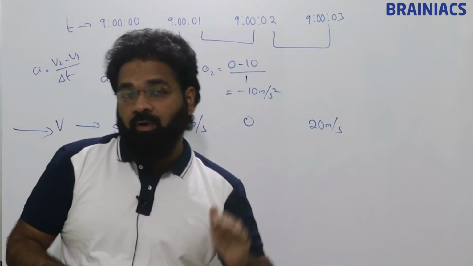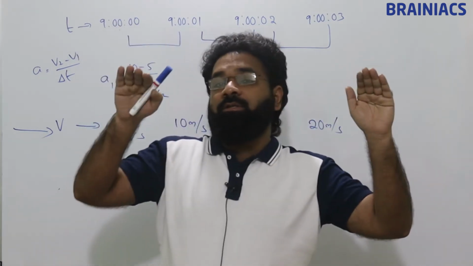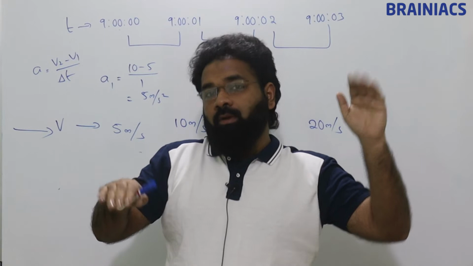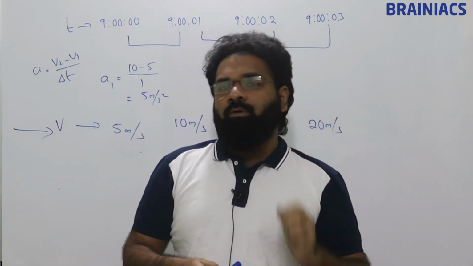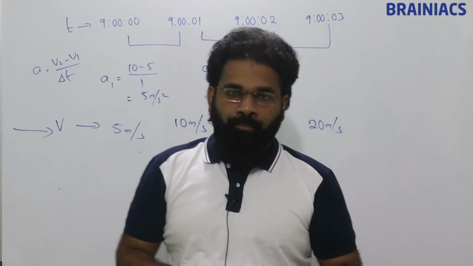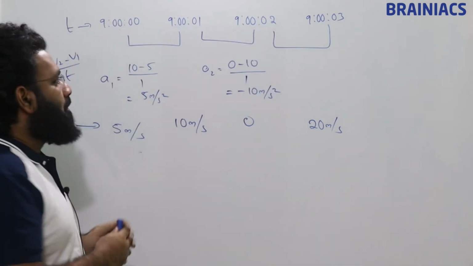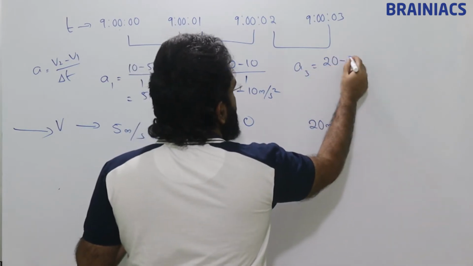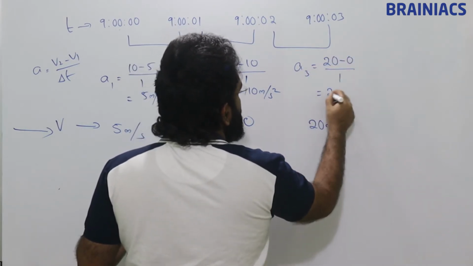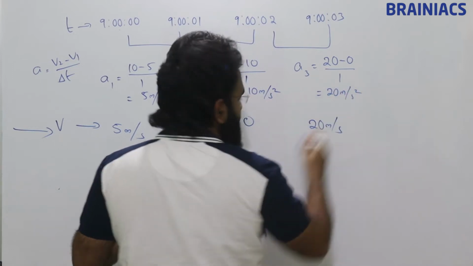Acceleration is positive means velocity will be increasing. Acceleration is negative, velocity will be decreasing. So acceleration negative means we call deceleration or retardation, whatever it may be. Then A3, 20 minus 0 by 1. So this is 20 meter per second square.